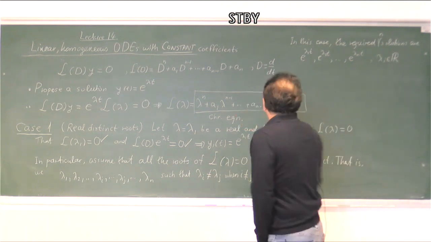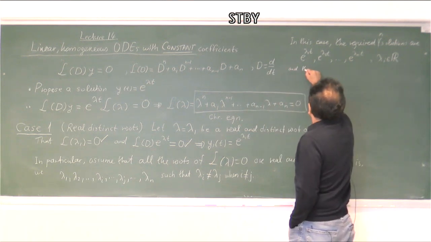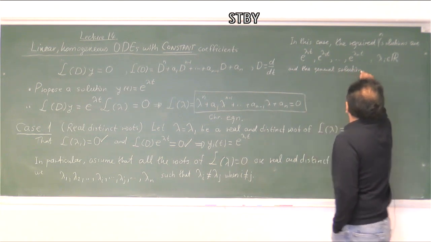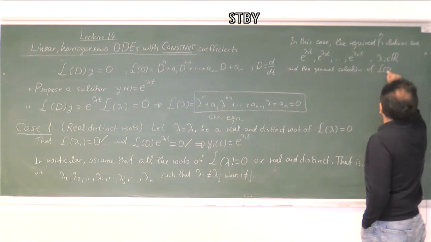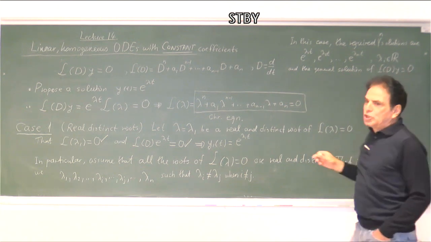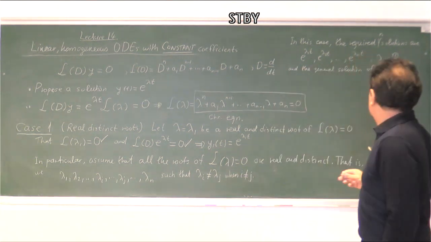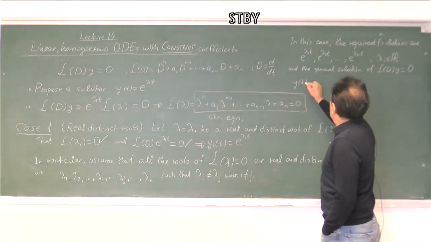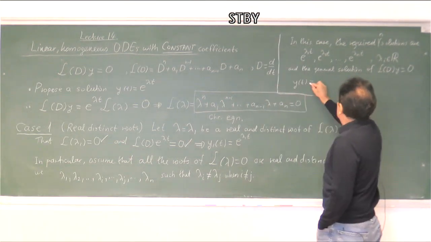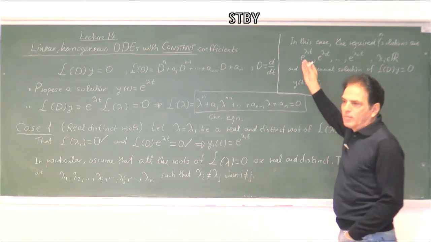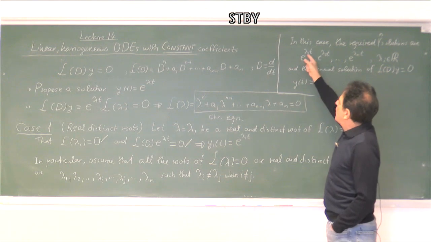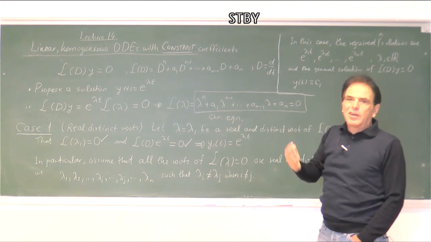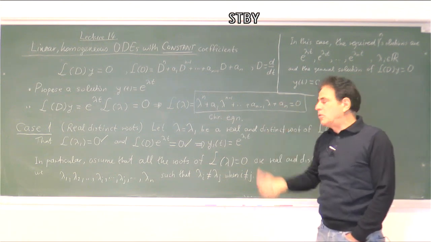Good. And hence the general solution of our equation, which is the homogeneous linear nth order ODE with constant coefficients, is of the form y(t) equals C1 e to power lambda 1 t plus C2 e to power lambda 2 t plus ... plus Cn e to power lambda n t. Remember from linearity that if e to power lambda 1 t is a solution, then any constant multiple of that function is also a solution of the homogeneous equation.